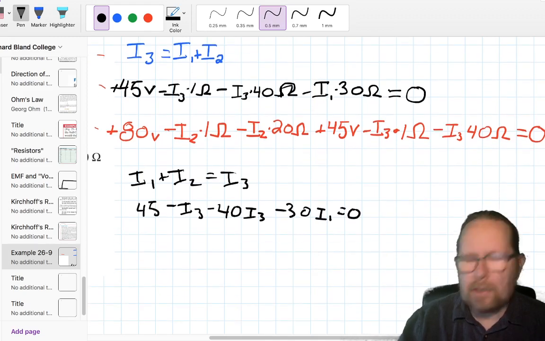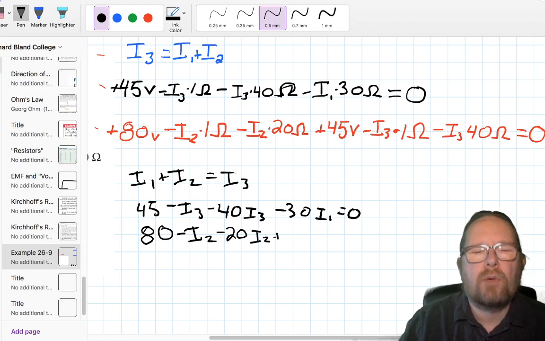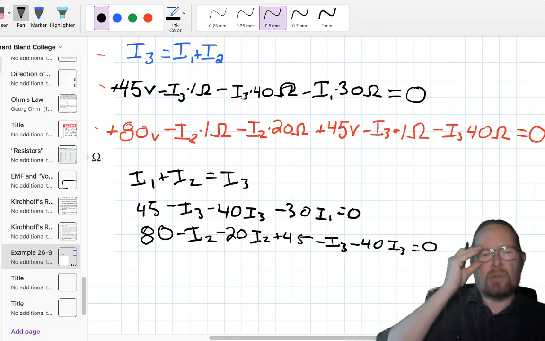And then the next equation is 80 minus I2 minus 20 I2 plus 45 minus I3 minus 40 I3 equals 0. So those are my 3 equations.